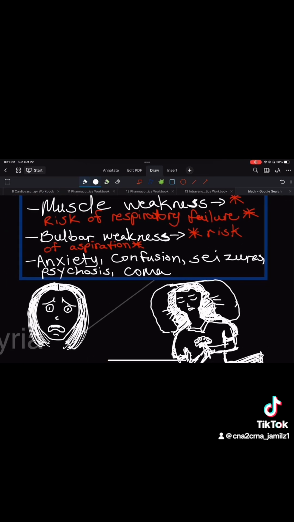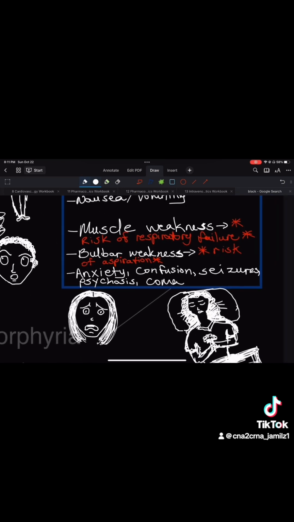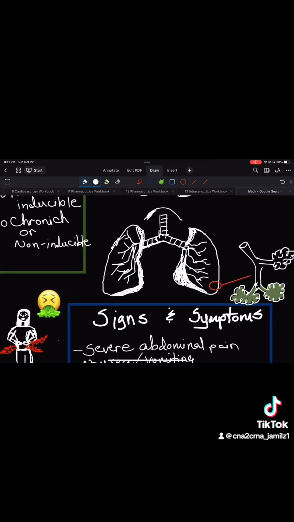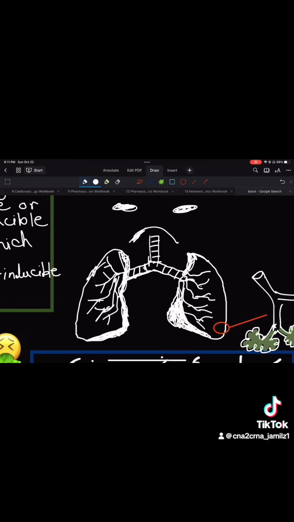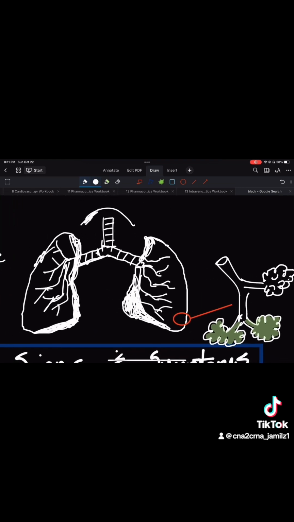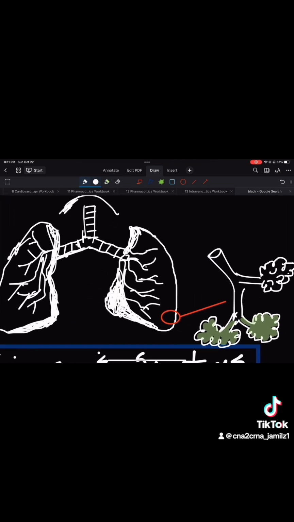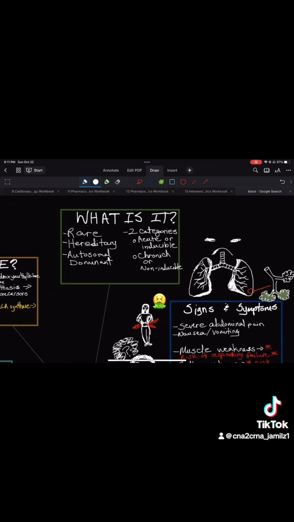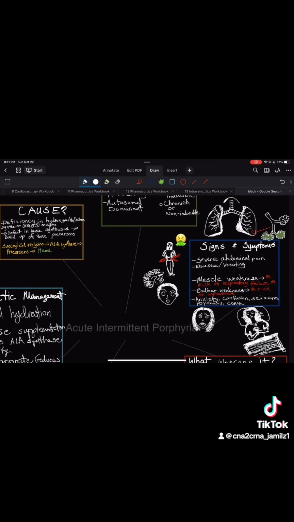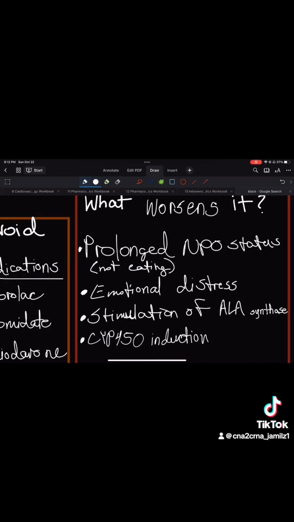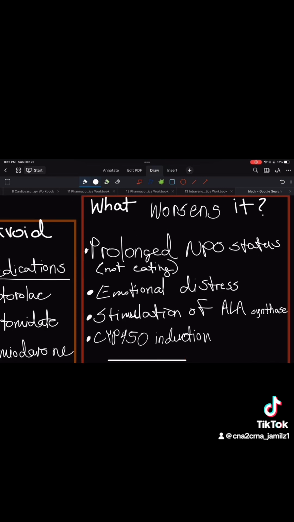And then if we go up, we got the nausea, vomiting. Then we have the angry lungs for the respiratory failure. And then this is supposed to depict some gastric contents in the alveoli. That's for the aspiration.